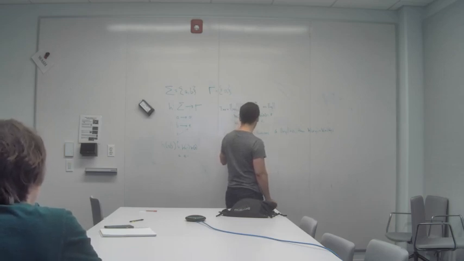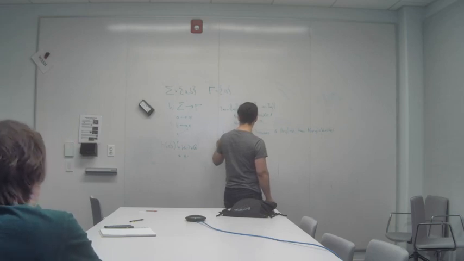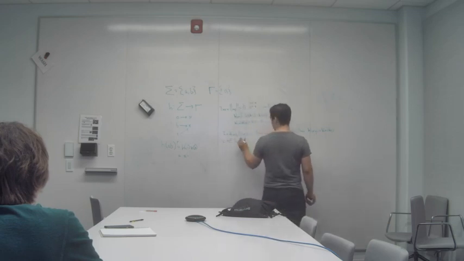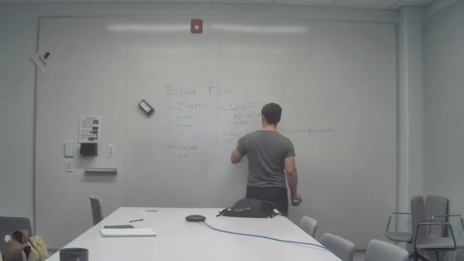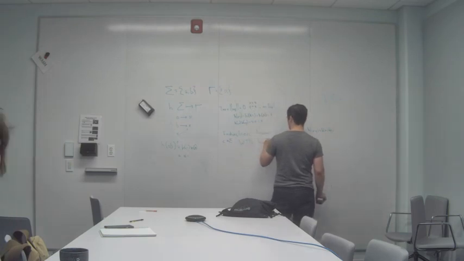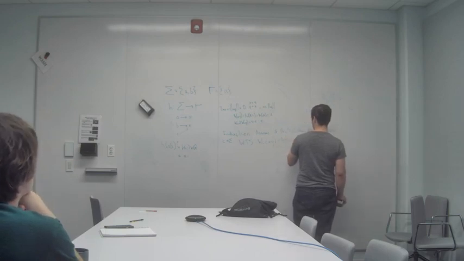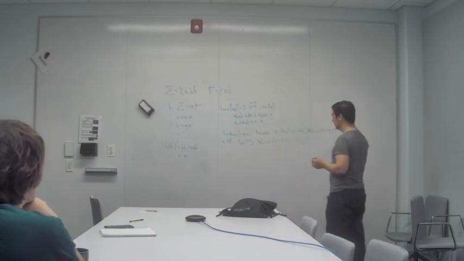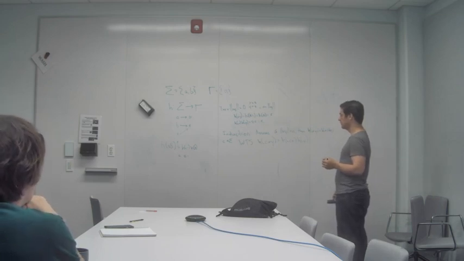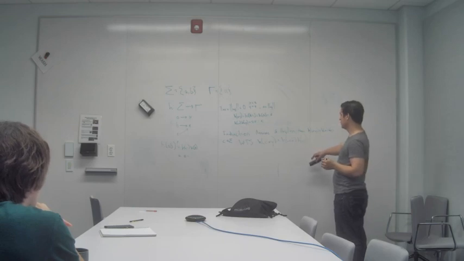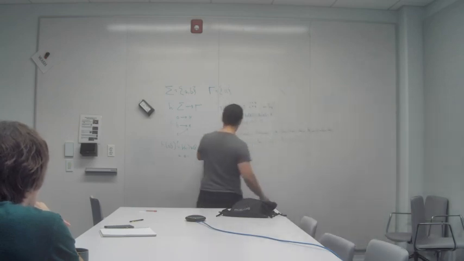Let's say CXY, where C is in sigma, and I want to show h of CXY. Okay, so induction: assume if xy equals n, then this.